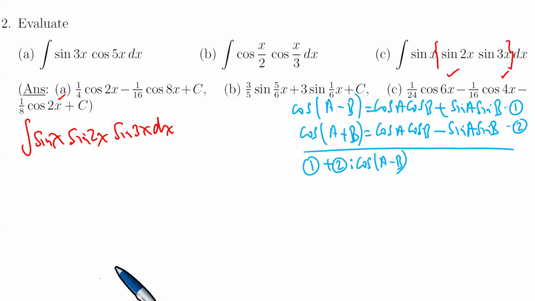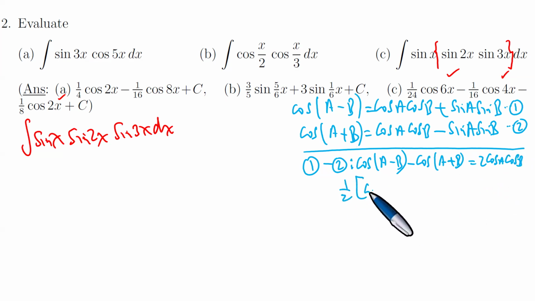Now you need to subtract them. You subtract this like 1 minus 2, the cosine of A minus B minus the cosine of A plus B. So you have this minus that, which is 2 sine A sine B, and then you have 1/2.